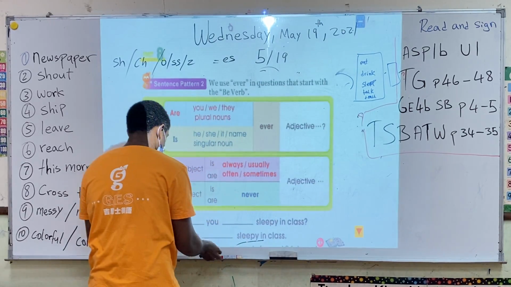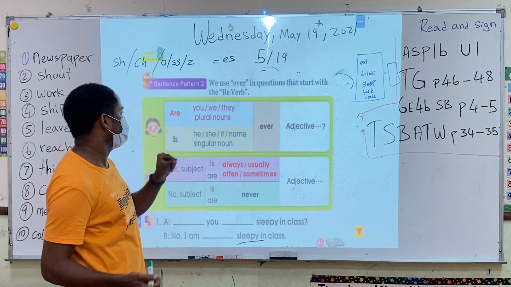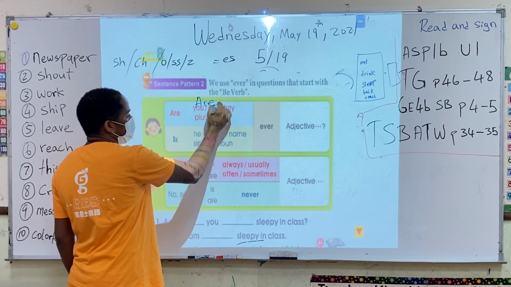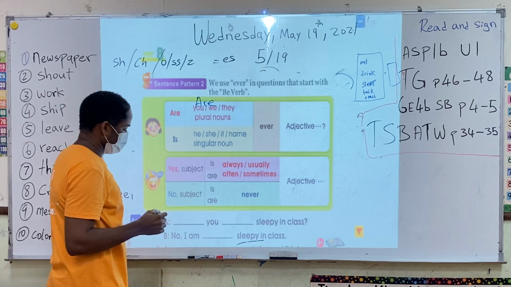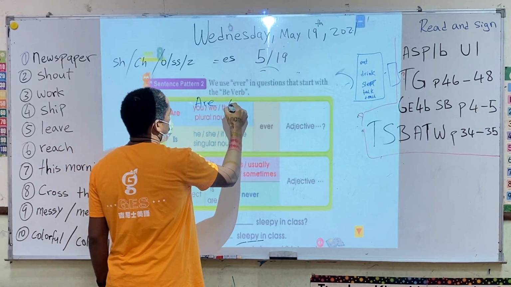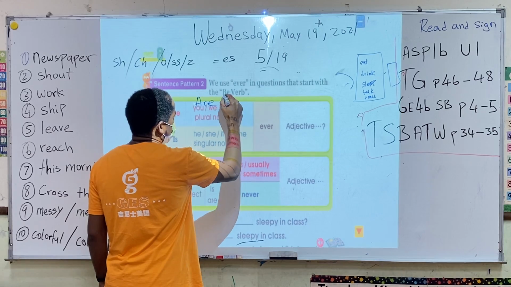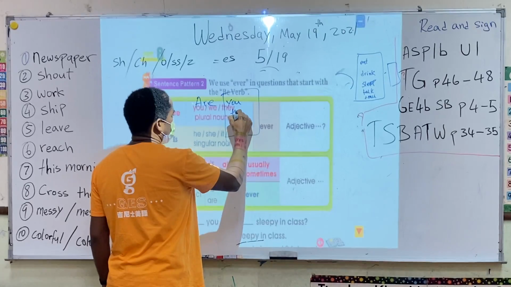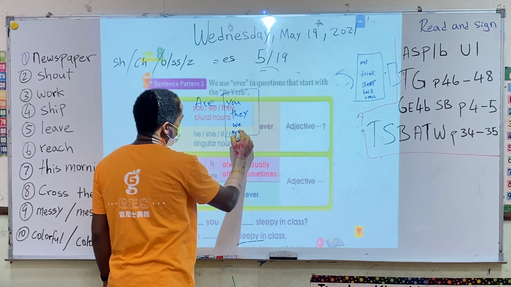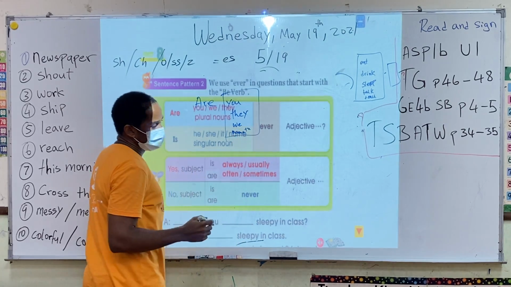Now we're going to start a question using the be verbs. So remember, asking a question, you have to start with are, or are you, they, we, name plus two.